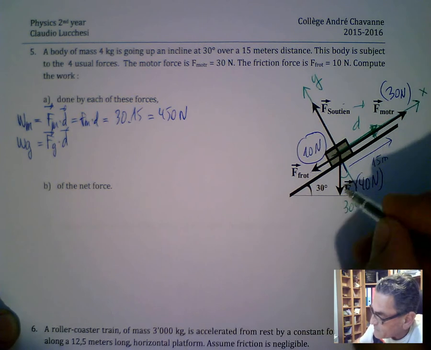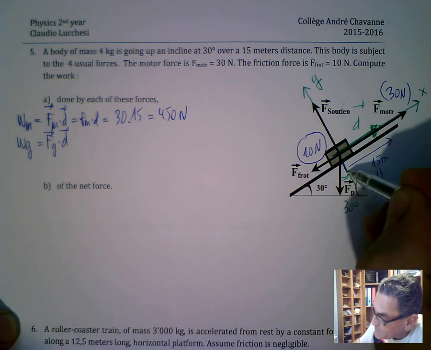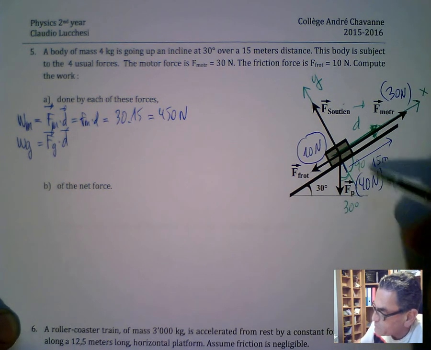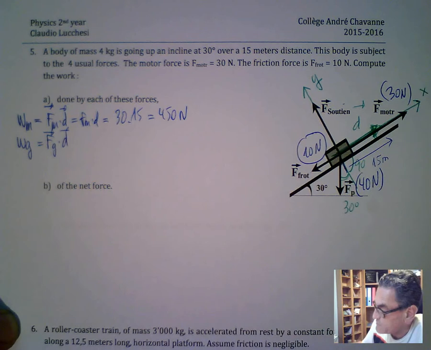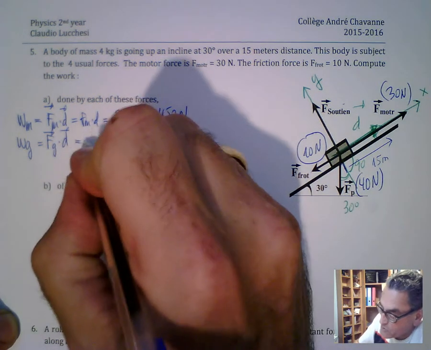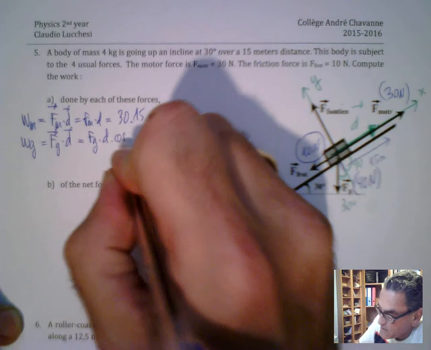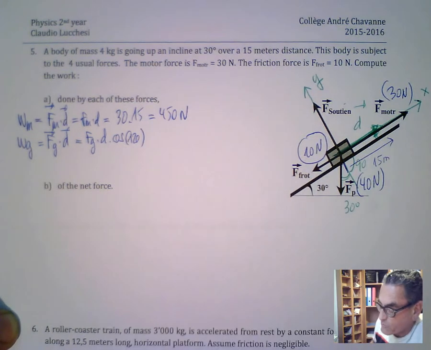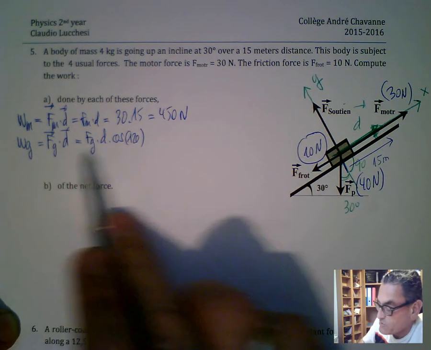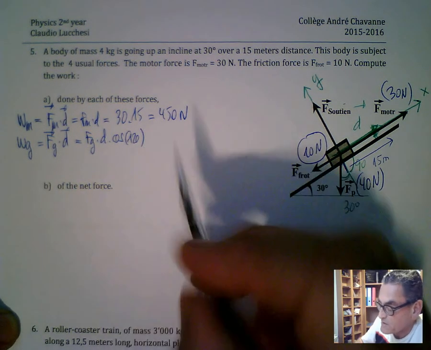So here we have an angle of 30, but here we have an angle of 90, so the total angle is 120. So I should compute the gravitational force times the distance times the cosine of 120, and as you expect, this will give us a negative result.